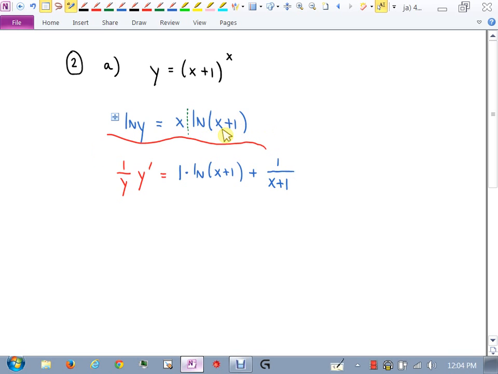Now you do have to also do the derivative of what's inside, but it's just 1. So who cares about it? Times, finish the product rule off, x. You can do it now. y prime equals, I'm just going to write it as y right now, natural log of x plus 1 plus x over x plus 1.